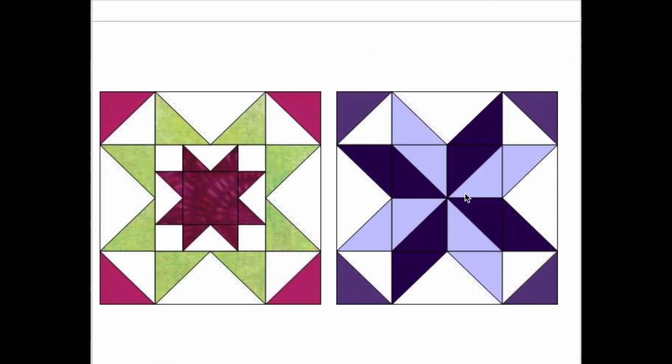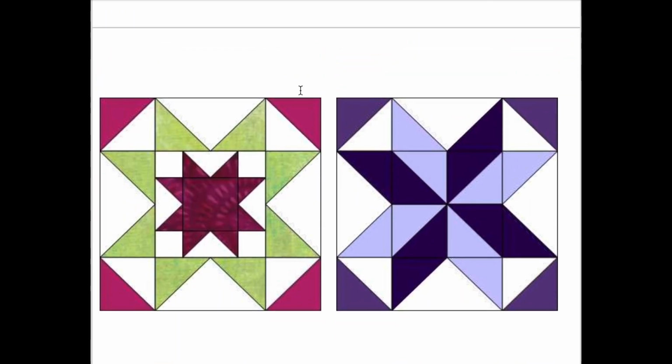Here's another idea. We have a star in the middle, and we've added some triangles to the corners. If you use triangles in the corners, sometimes your sawtooth stars will look like they're touching one another. It helps the design move from one spot to the next.